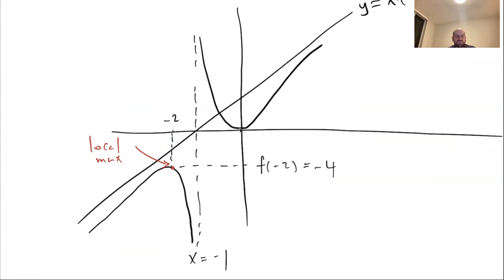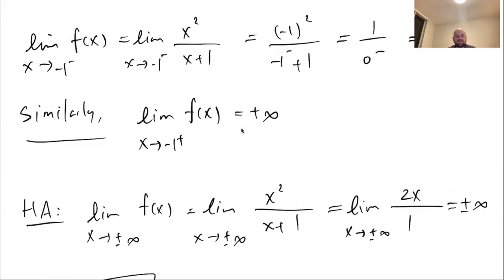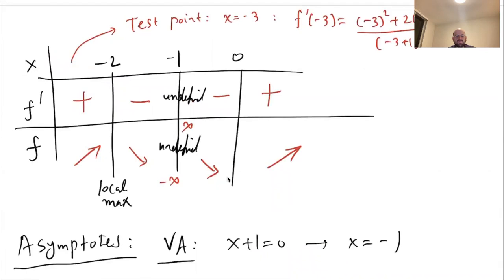At 0, we saw that the y value is 0, so the function passes through the origin. And 0 here is a local minimum as well, because the function is decreasing all the way to 0 and increasing after 0. Decreasing before 0, increasing after 0 means at 0 we have a local minimum.